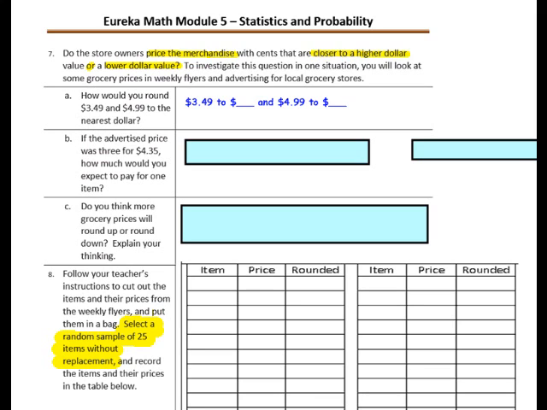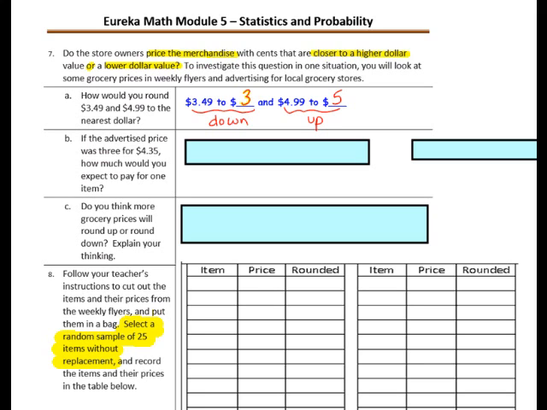If you have exactly half or more, you round up. So $3.49 rounds to $3. And $4.99 is closer to $4 or $5? $4.99 is closer to $5. So $3.49 has been rounded down, and the price of $4.99 has been rounded up.